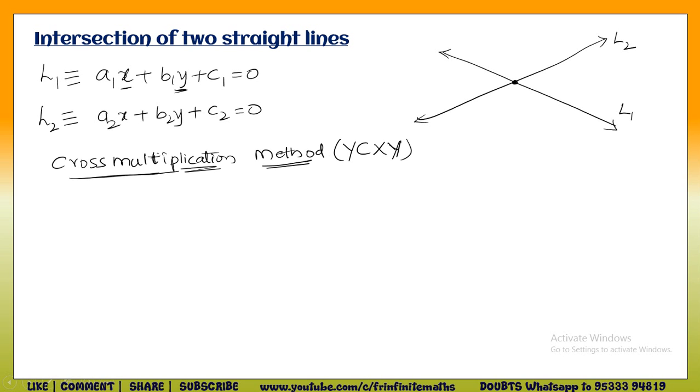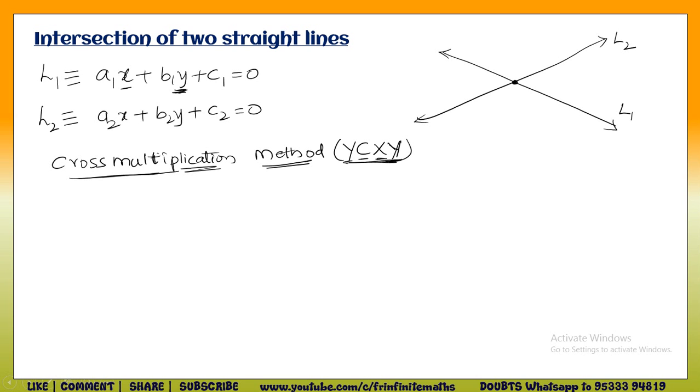So why are we calling it the cross multiplication method or YCXY method? You will understand now, right? In this YCXY method, we start with the coefficient of y, and then C means constant, then the x coefficient, then the y coefficient again. So we start with the y coefficient and end with the same y coefficient.